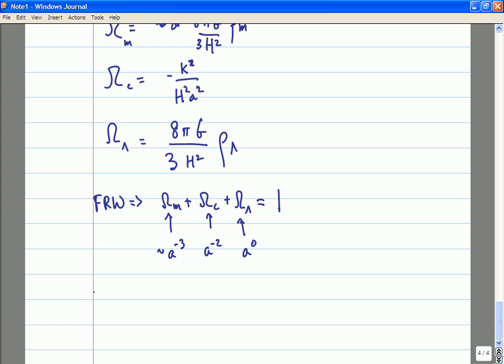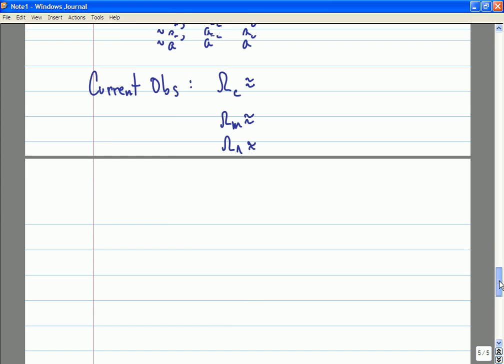Now, over the last 10 years or so, 15 years or so, there's been a real revolution in our understanding of precision cosmology. So we've been able to nail down these parameters for the universe today within a factor of a couple percent. There are a variety of different ways that these parameters have been studied, and they all give more or less the same answer.